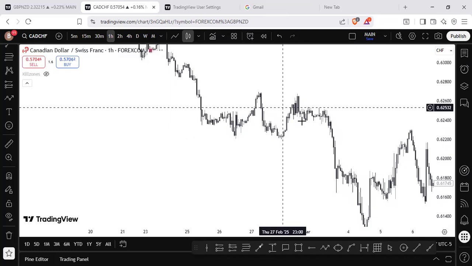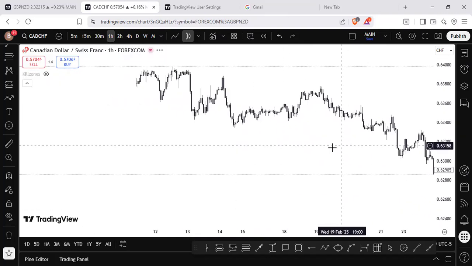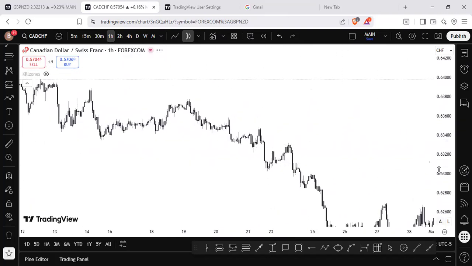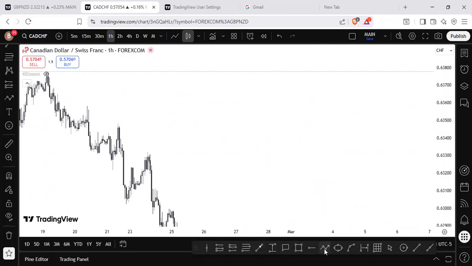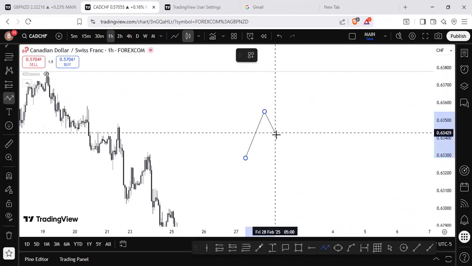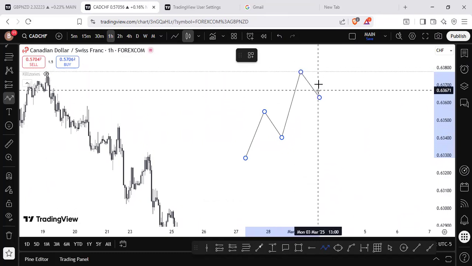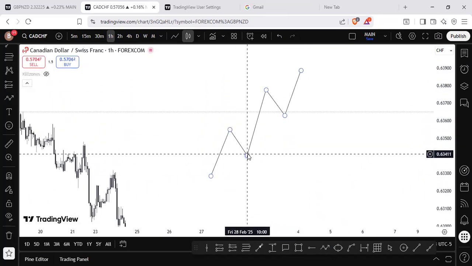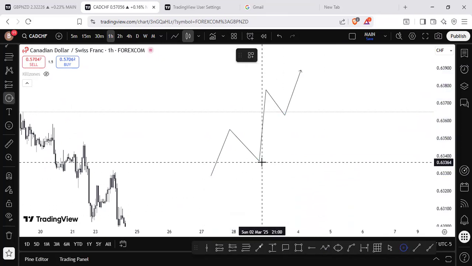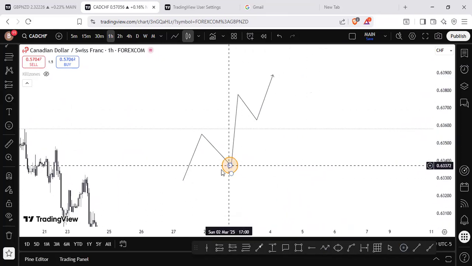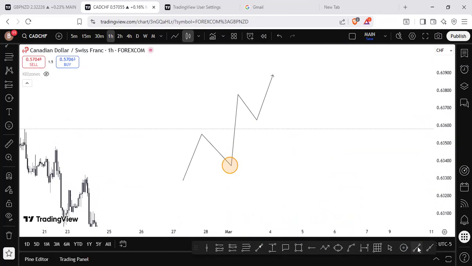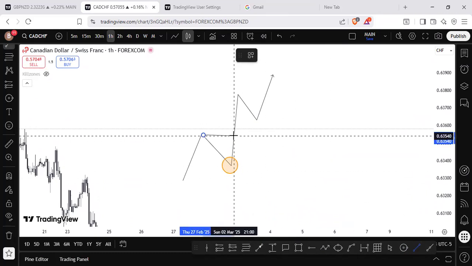So that's that about structure mapping. This will be the final video on how to map structures. What do you need to see? Impulsive push, correction, impulse, correction, impulse. How do you name them? The origin is always your first point of contact, which gives your first breakup structure, B1.